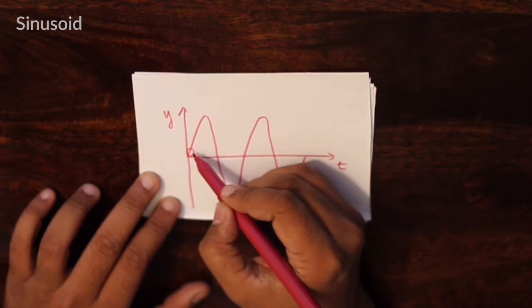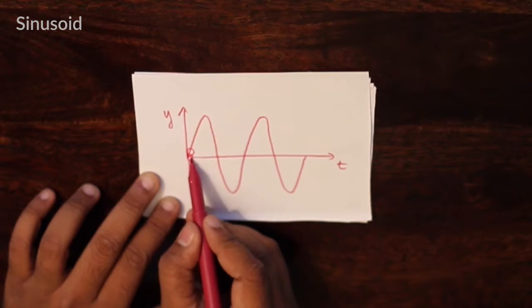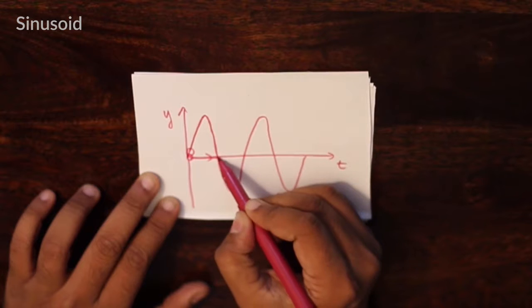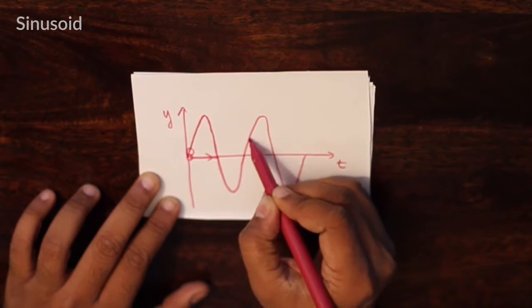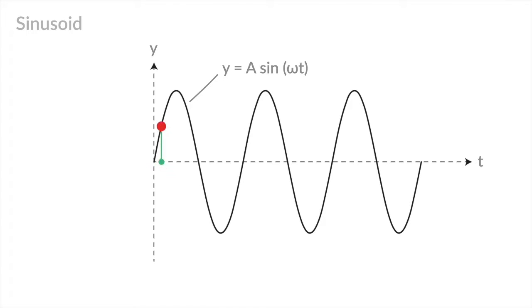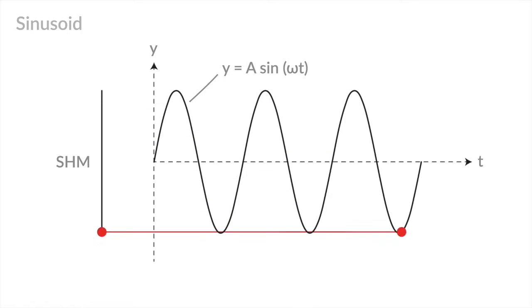So you have a bob that starts here, and as time is progressing in this way, this bob goes like this and comes down and goes further this way and goes up and so on. It would look something like this. So the green bob there is time going at the rate of time, and now you see how the red bob is y is equal to a sine omega t, which is the SHM as well.